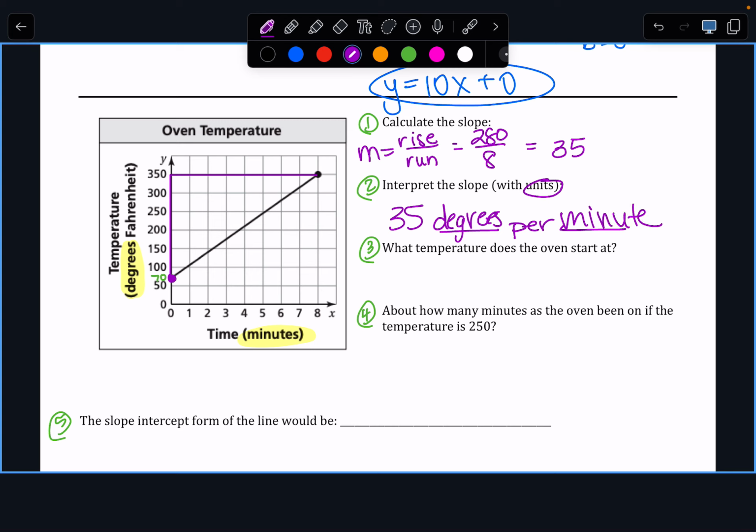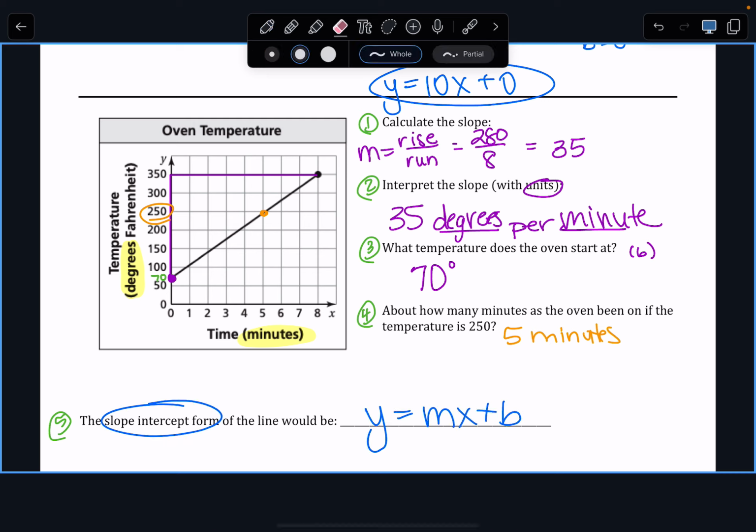What temperature does the oven start at? 70. Start, begin. That's our b. Okay. How long does it take to get to 250? It takes about 5 minutes. Now, if I ask you for slope-intercept form, remember that's y equals mx plus b.